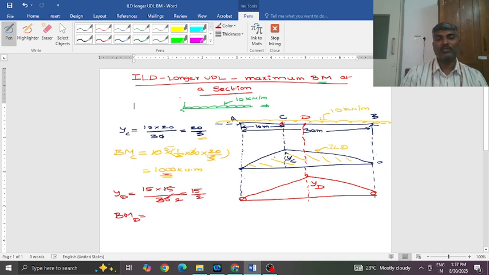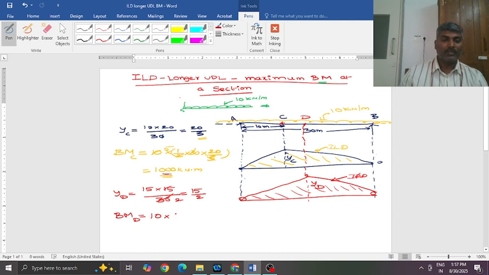Now the maximum bending moment at D, that means at the center, will be, again, with the load position the same as earlier. The UDL has to occupy the total ILD. Then we will have the maximum bending moment at D. The function value, the bending moment, is equal to 10 into the area of this triangle, the ILD for bending moment at center.